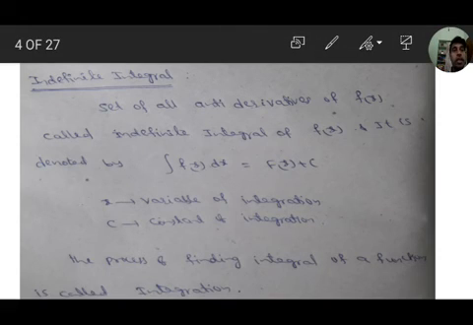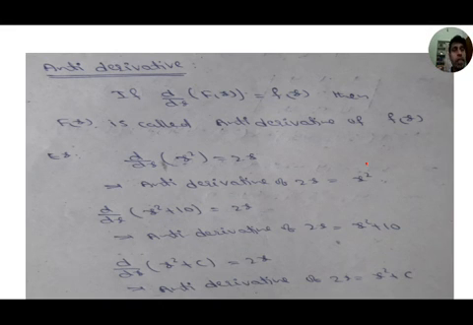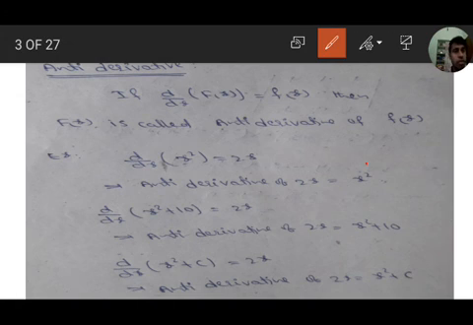Next, definition of indefinite integral. The set of all antiderivatives of f of x is called the indefinite integral of f of x. Means if you take all the antiderivatives of small f of x, for example here the antiderivatives of 2x, x square plus 10, x square plus 100, x square plus 1000, in general form it can be written as x square plus c, where c is the constant.